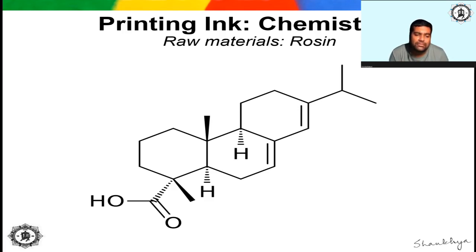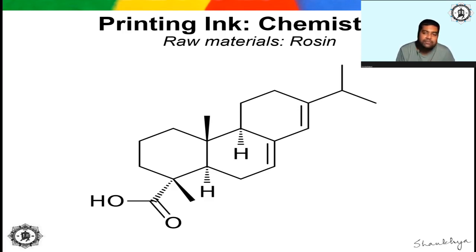Maybe you'll see that gloss is very high for a particular ink, but then the setting time is not right. Setting is how quickly the volatile part, the low viscosity component of the ink, penetrates into the paper. I will be talking about this in this chapter itself.